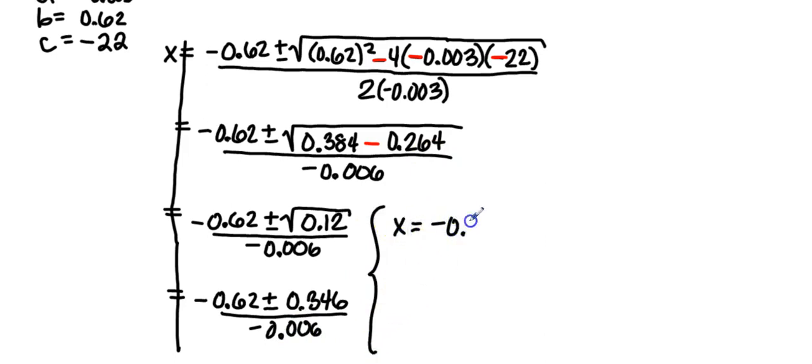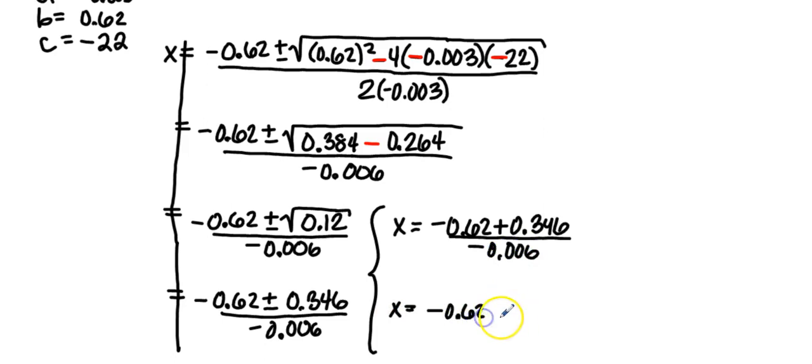Now I'm ready to break it up to get my two answers using my plus and minus. So x equals negative 0.62 plus 0.346, all divided by negative 0.006. And then x equals negative 0.62 minus 0.346, all divided by negative 0.006. And let's see what you got.